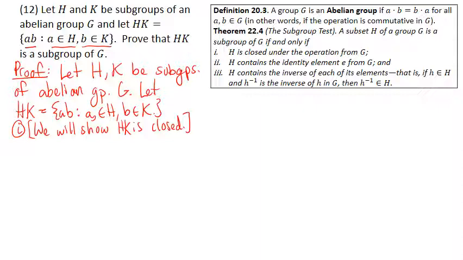Okay, so to show that HK is closed, let A, B, actually, let me not call them that because we already used those letters. What else should I call them? I don't know, X, Y. So let X, Y be elements of HK. Okay, so what I want to show is that X times Y is also in HK. So all I know about X and Y from this assumption is that they have the following form.